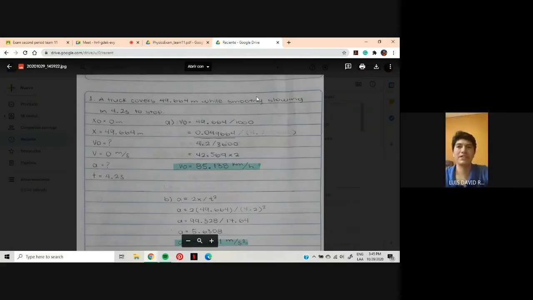The first thing we have to do is find the original speed in kilometers per hour, and we can do it as follows. First, we divide 49,664 by 1,000, because 1,000 meters is equivalent to 1 kilometer, and this is equal to 49.664.